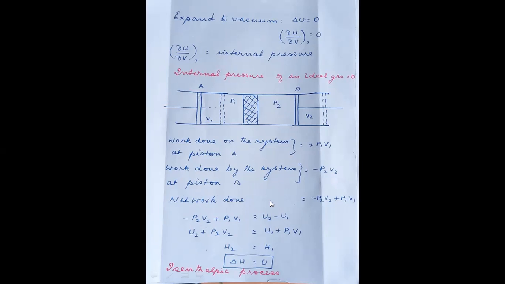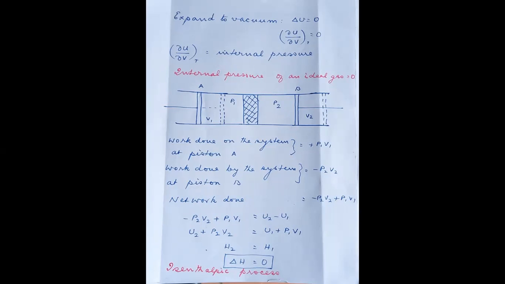So what is the net work done? On one side the work is done by the surrounding on the system, on the other side the work is done by the system on the surrounding. So the net work done is minus P2 V2 plus P1 V1. So minus P2 V2 plus P1 V1 is equal to U2 minus U1. That is the internal energy change.